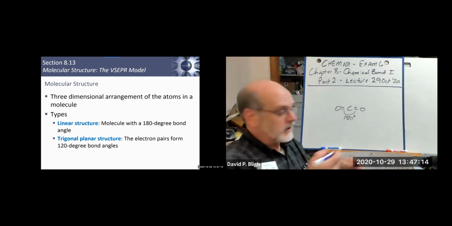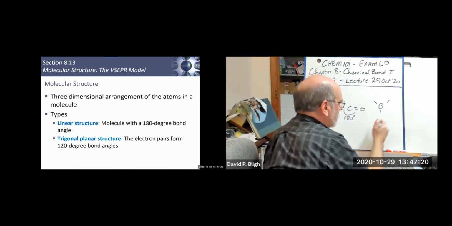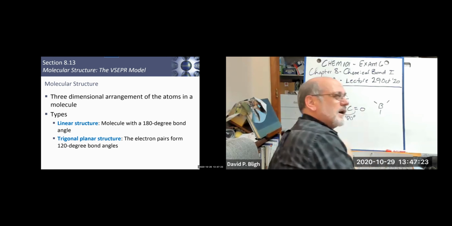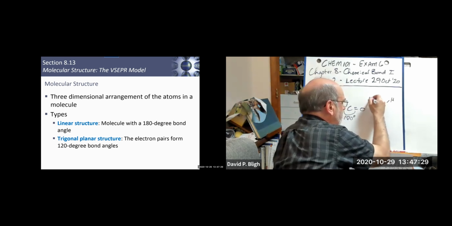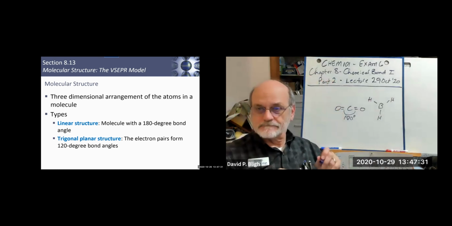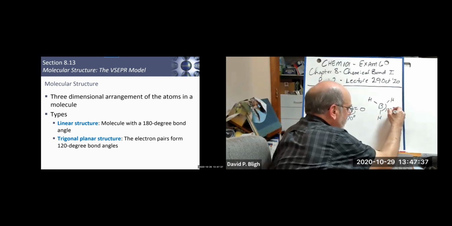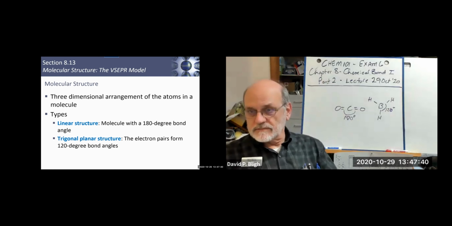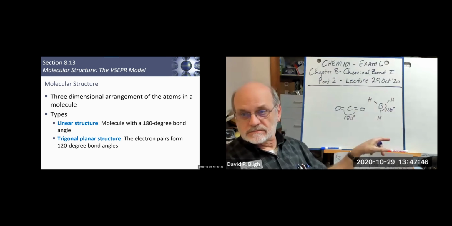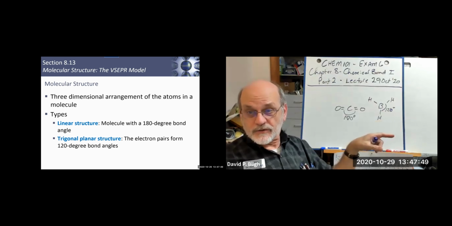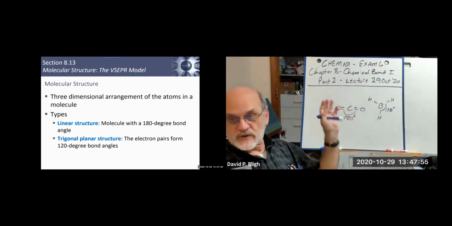We looked at a trigonal planar earlier. Like that. The bond angle there is 120 degrees. Right? You have to think about your days in math class, geometry. You know, what do these angles have to add up to? Well, if they go all the way around the center, they have to add up to 360, don't they? 120, 120, 120. 180, 180, 360.